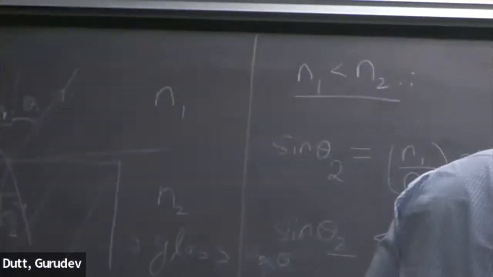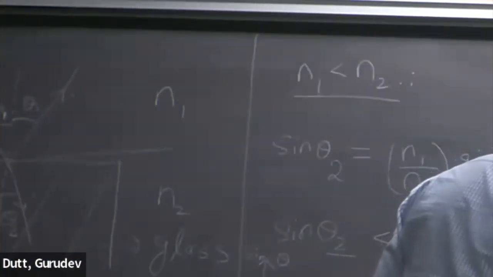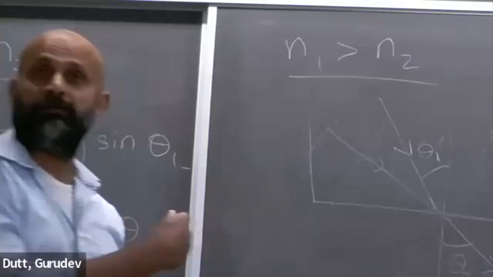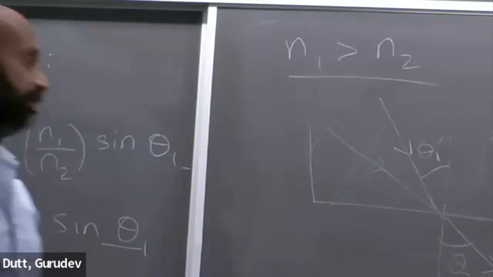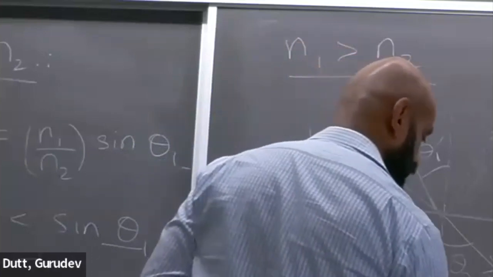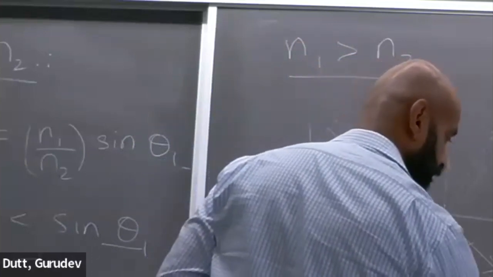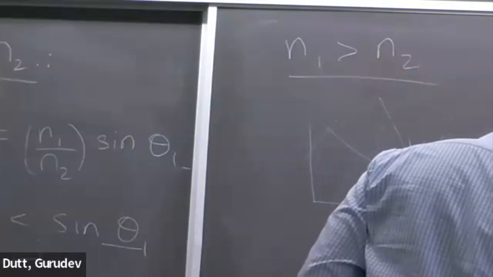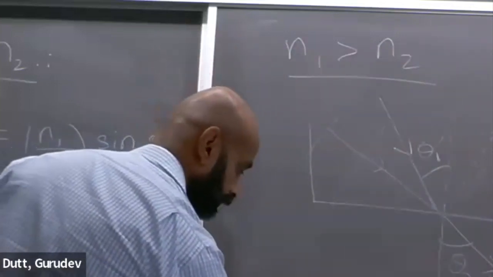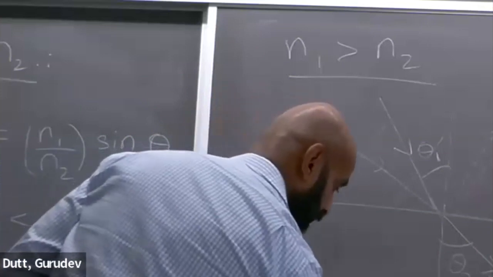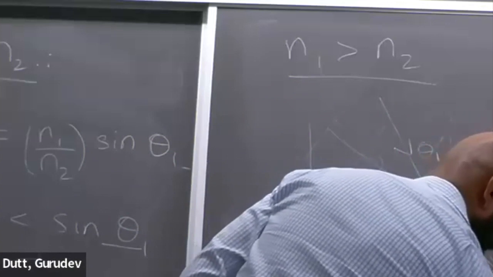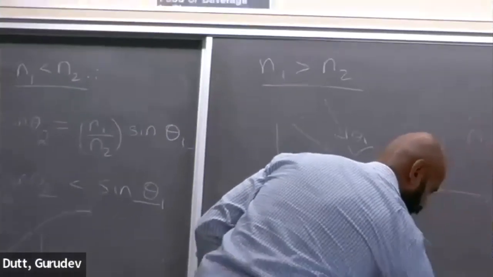Now we can easily find this critical angle. The critical angle refers to the angle of incidence where the refracted angle is 90 degrees. So we put n1 sine theta c equal to n2 sine 90 degrees. That's just equal to n2, right? And therefore, we have sine theta c is equal to n2 divided by n1, or theta c is equal to sine inverse of n2 divided by n1.